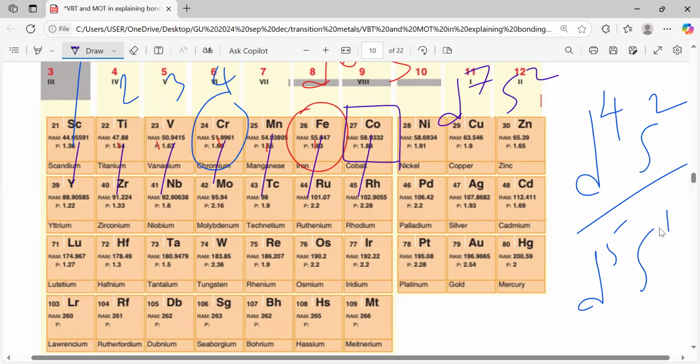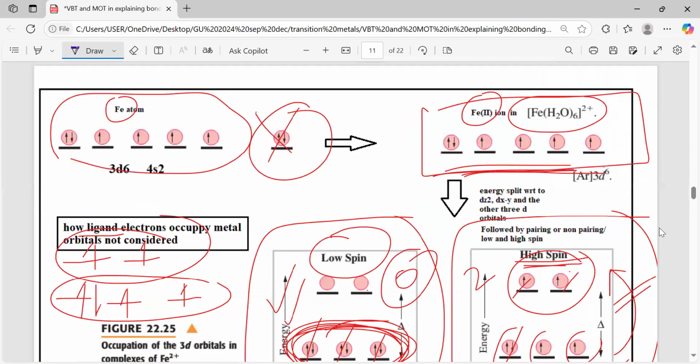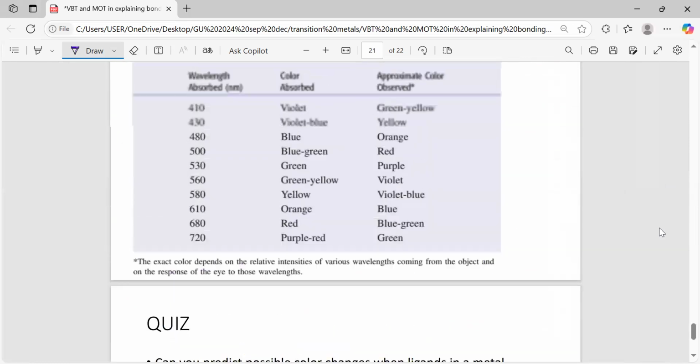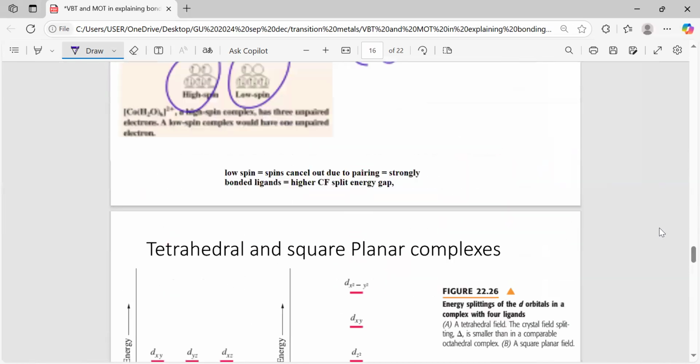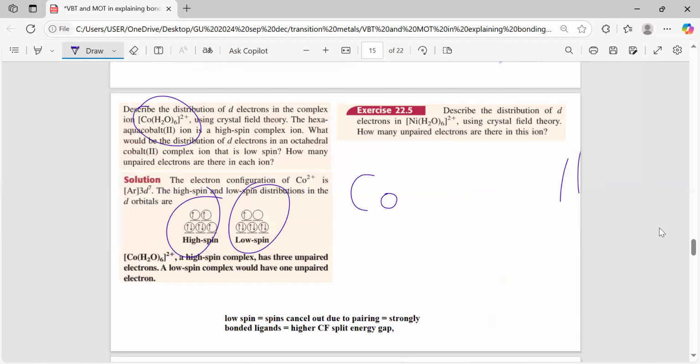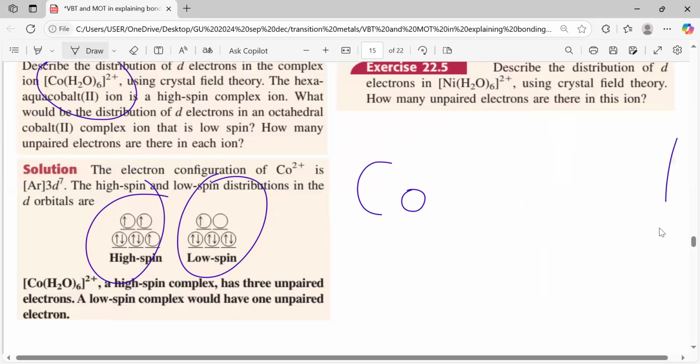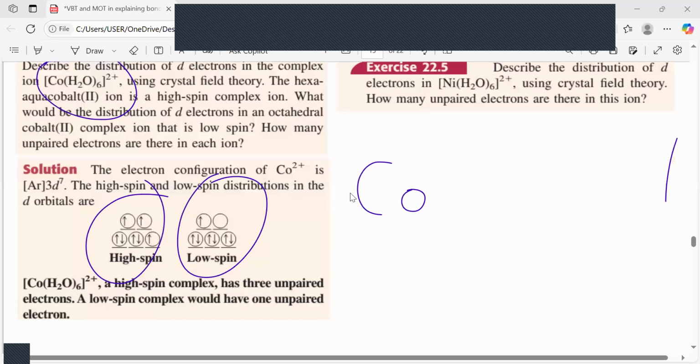So we go straight to the question, and now we know cobalt is a D7.